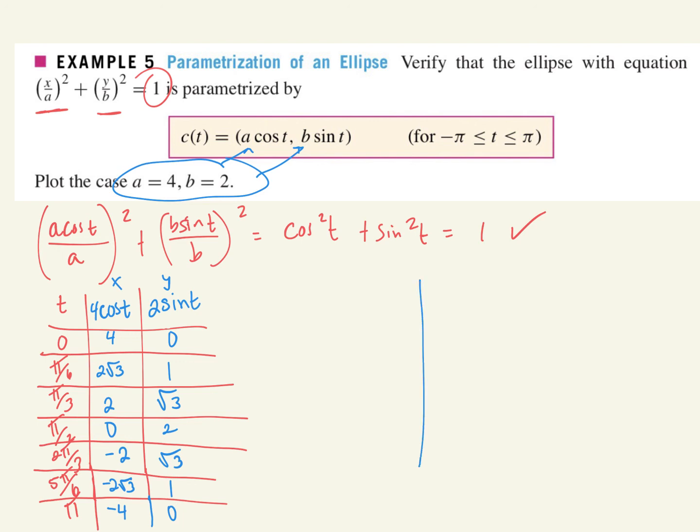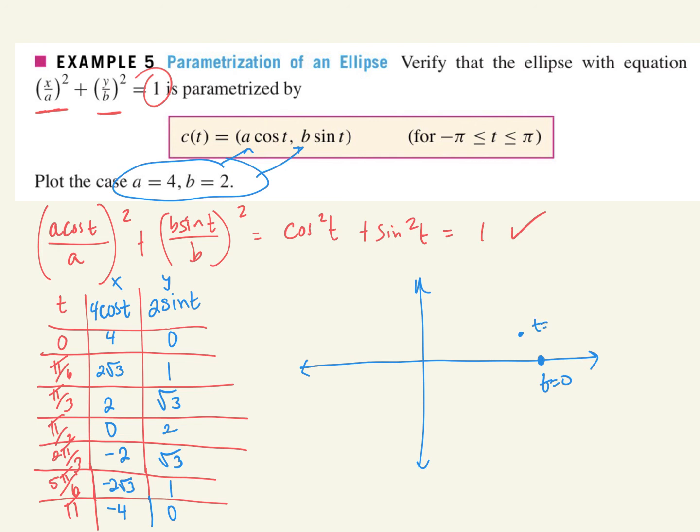So, plotting this on the xy plane, and thinking about that direction as I move around it: at time 0 seconds, I'm at 4, 0. Then as I move around, at pi over 6, 2 root 3, 1.